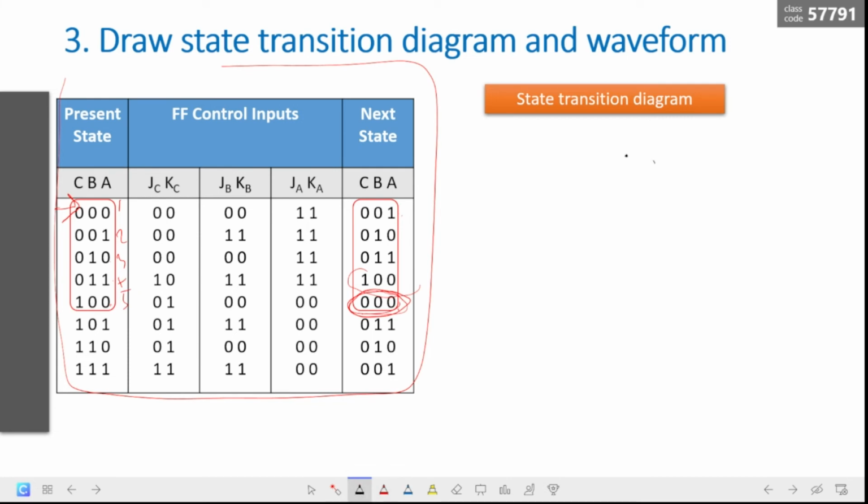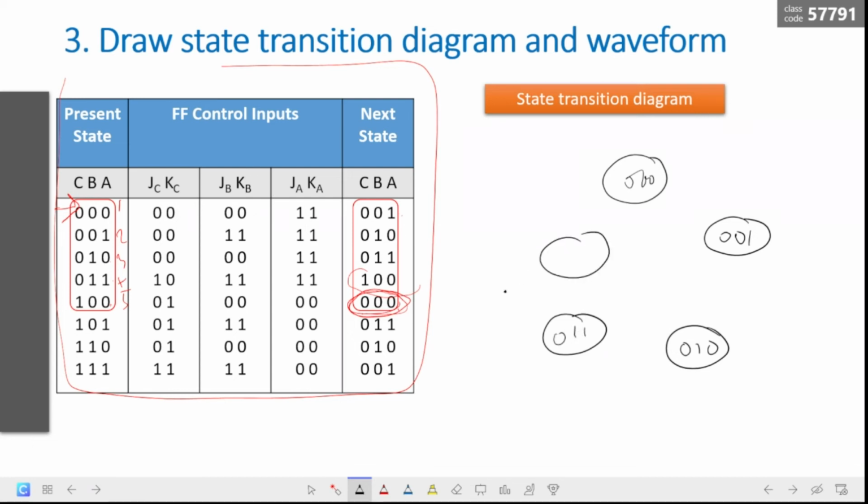So let's put the states first. 000, 001, 010, 011, and finally we have 100. The next step is to connect the states.